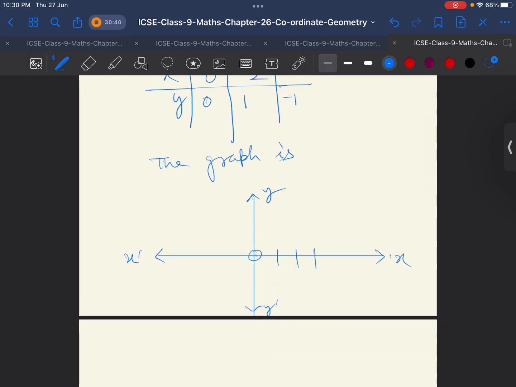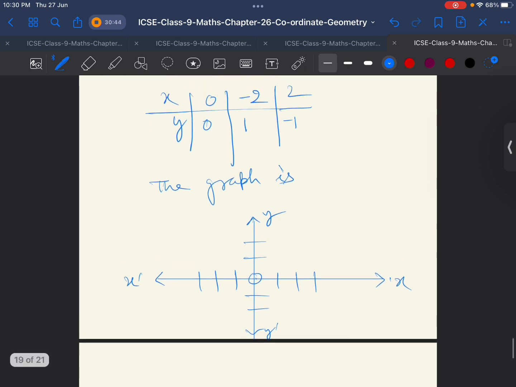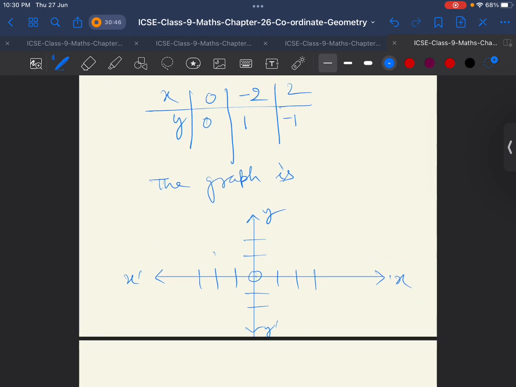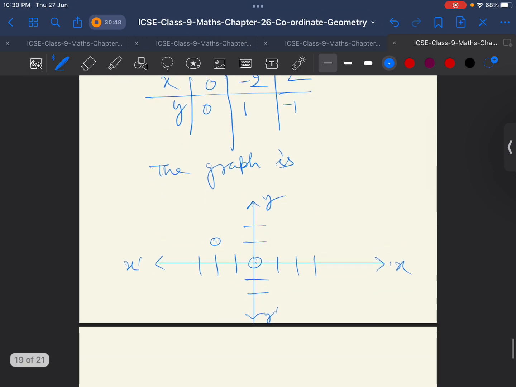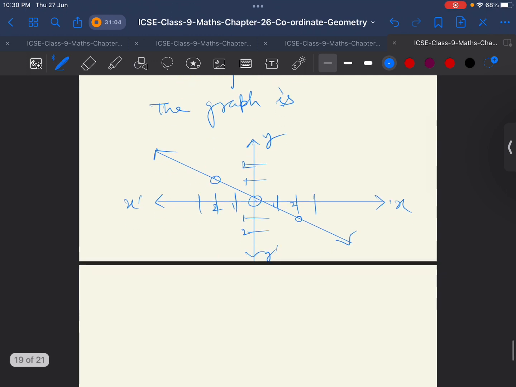So the 0 point is here, (minus 2, 1) is here, (2, minus 1) is here. 1 2, 1 2. So now we draw the straight line. This is the straight line.